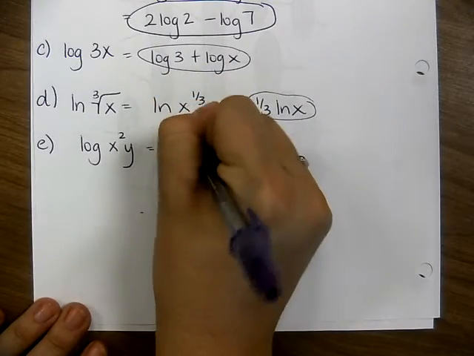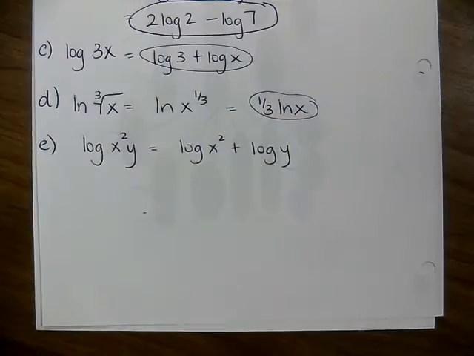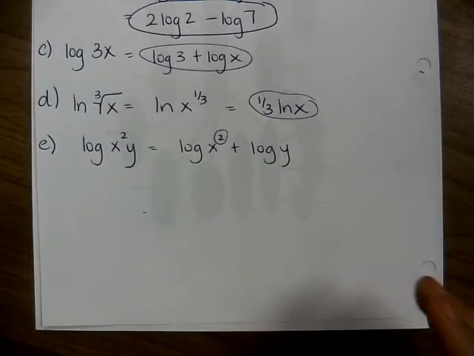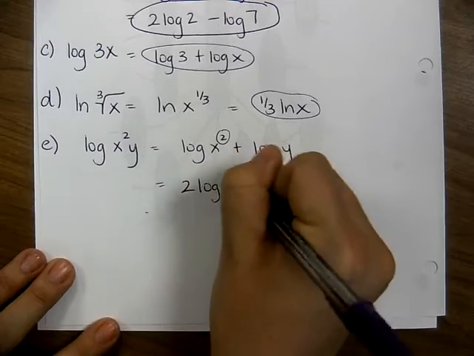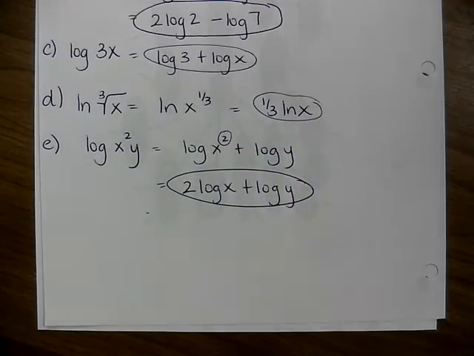So maybe you started with log of x squared plus the log of y. But we can take it further, right? Because that exponent has to be pulled out front. If you don't pull that out front, it's not simplified all the way. So we're going to have 2 log of x plus the log of y. All right, so we shouldn't have any exponents left in our final answer.